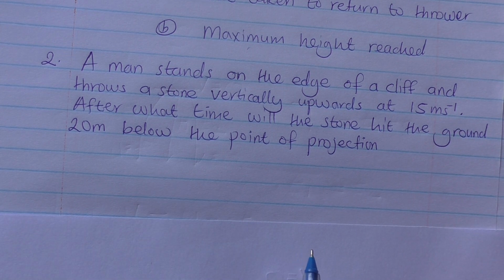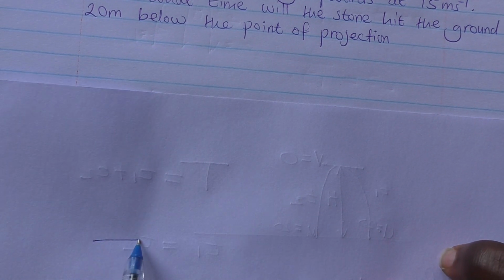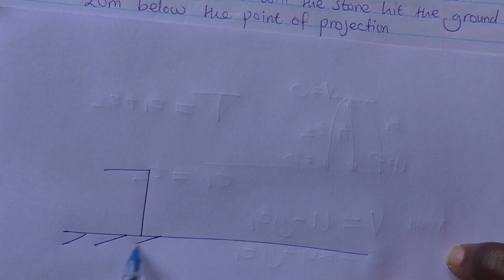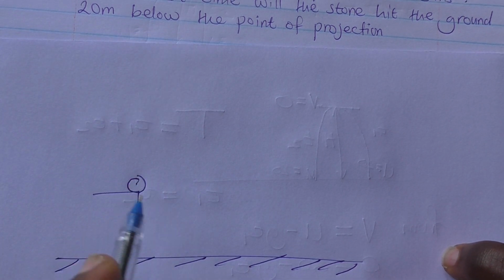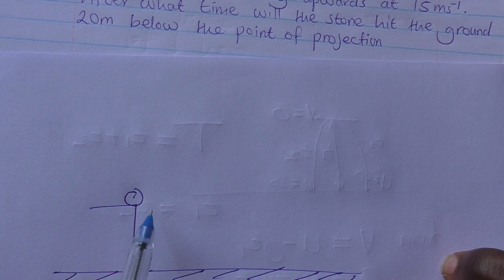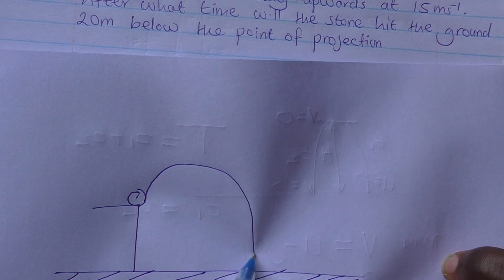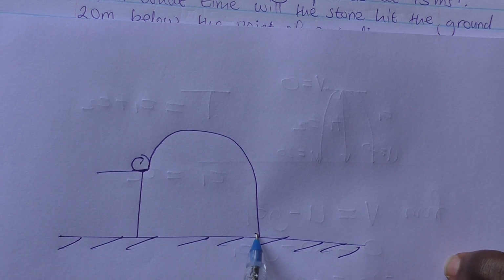This number 2 says, a man stands on the edge of a cliff and throws a stone vertically upward. A cliff is a raised platform above the ground. So we shall take this as our cliff. The man throws a stone upward and it passes the point of projection and lands on the ground.